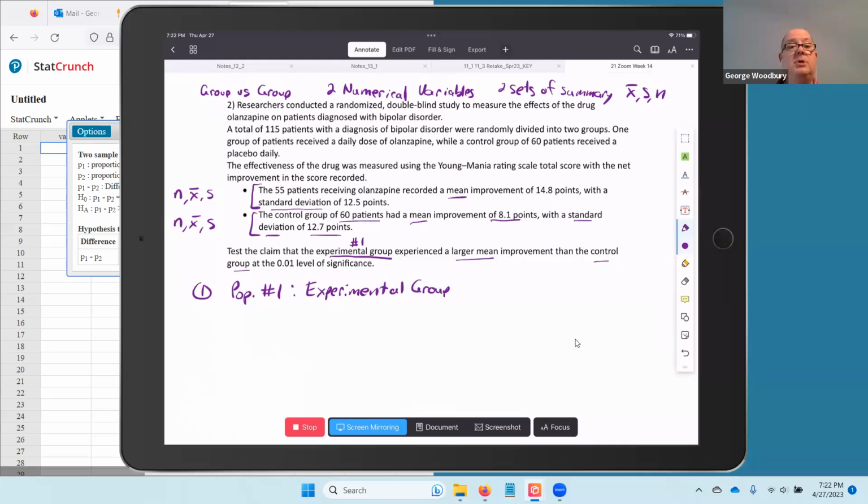By letting them be population one, then I can use the wording larger mean to use the greater than sign when compared to population two. The null hypothesis for a two mean test, mu1 equals mu2. And like I was saying, H1 is going to be mu1 greater than mu2.